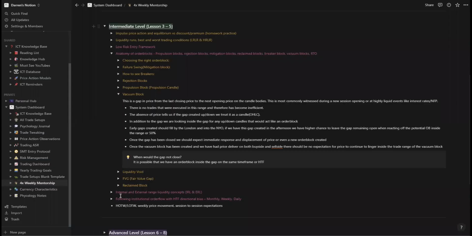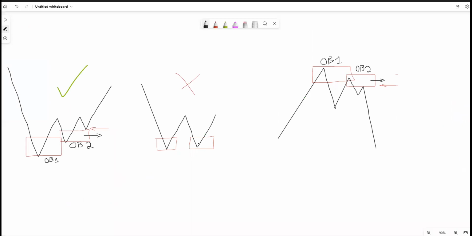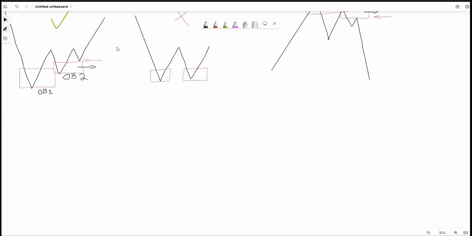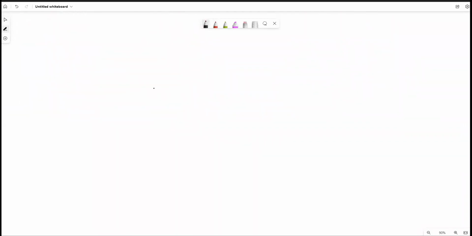So that is your vacuum block. When would the gap not close? It is possible that we have an order block inside of the gap on the same time frame or higher time frame. If I draw this out over here to make it easier for us, for example, we're going to make a bearish gap, or a bearish void, and then price over here closes at the bottom and gaps down like this.